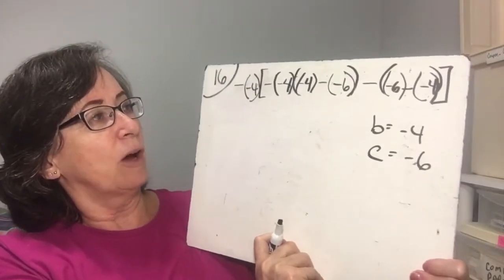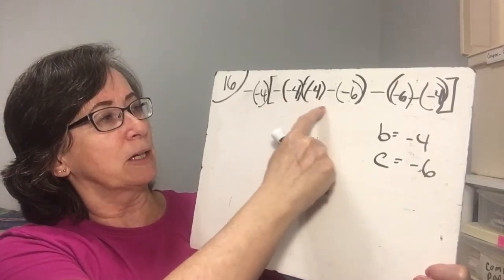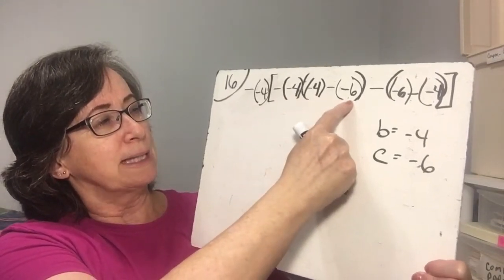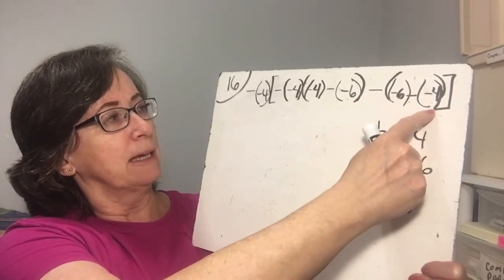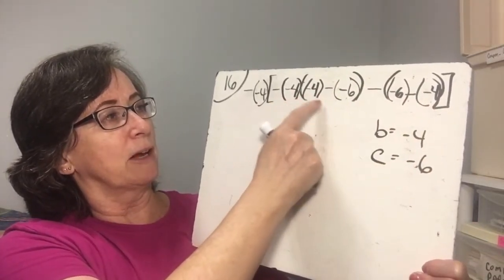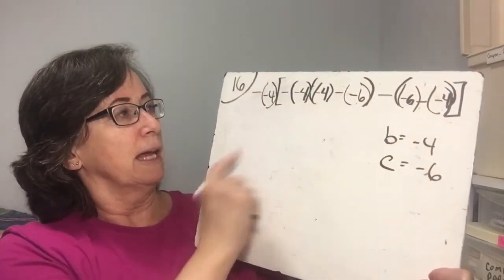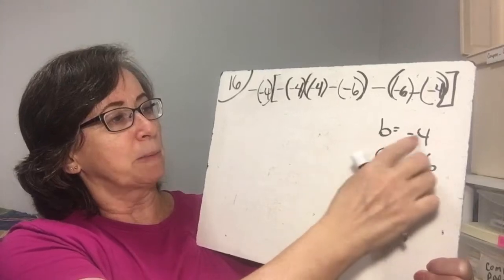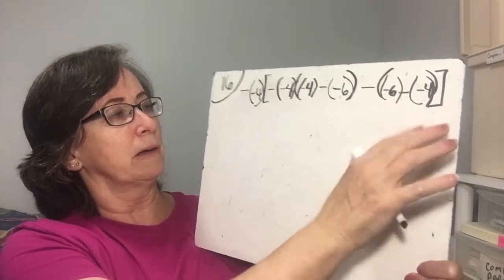Okay, so when we look at it, this was in front, but here we have a bigger parenthesis and another bigger parenthesis, and then we have this one and it is attached to this one, but then they all go together in this one. So let's start right here. Now I've already replaced these, so I'm going to erase this just to give me a little bit more room here.